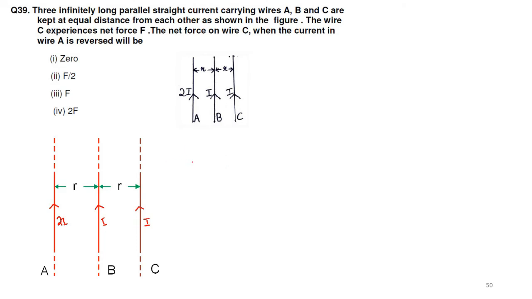But the general formula, in the case of 2 infinitely long thin straight wires carrying current, force per unit length is mu naught I1 I2 by 2 pi r. That is, if it is like this, current here I1, current here I2, if they are separated by r, this is the general case, then you can apply this formula.